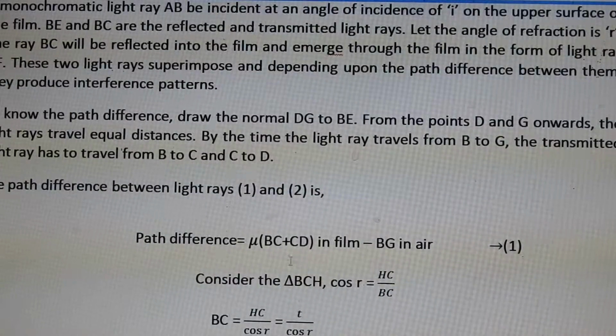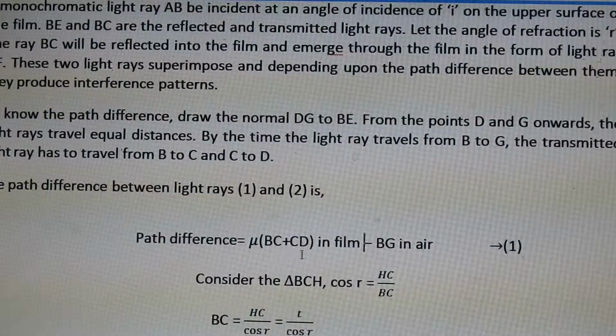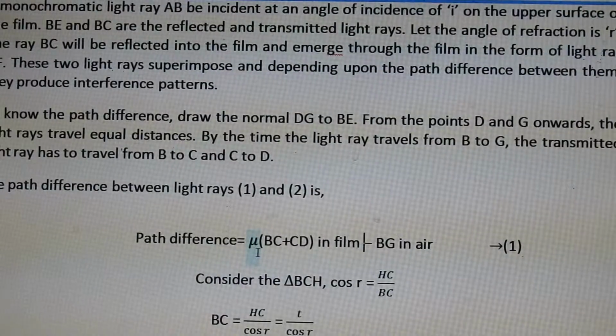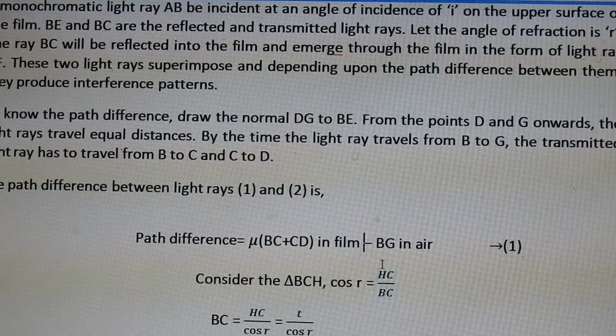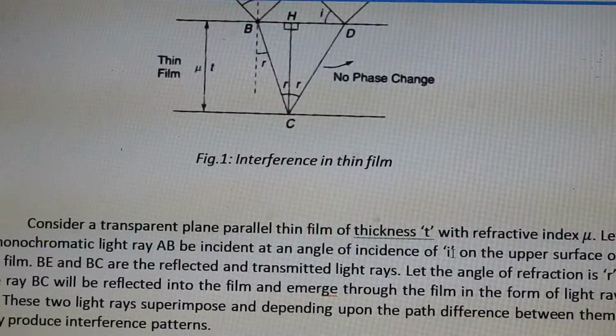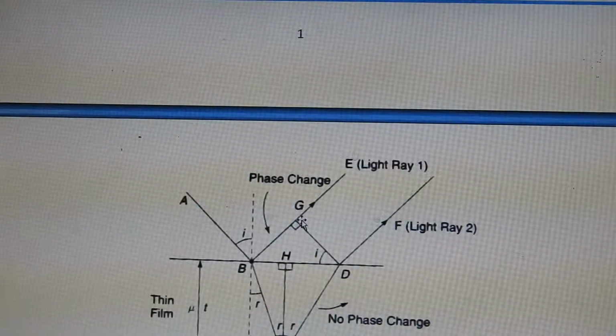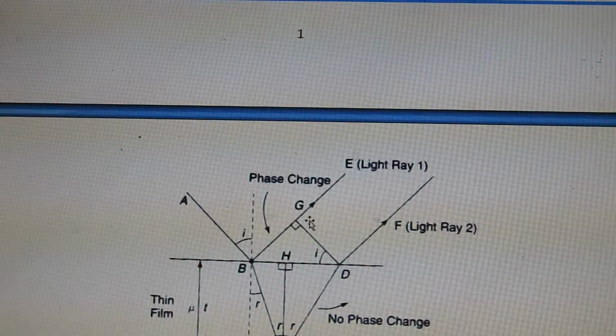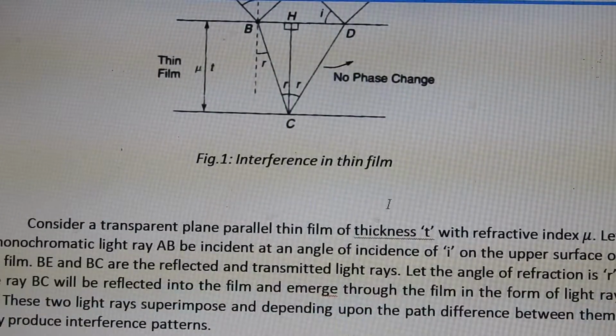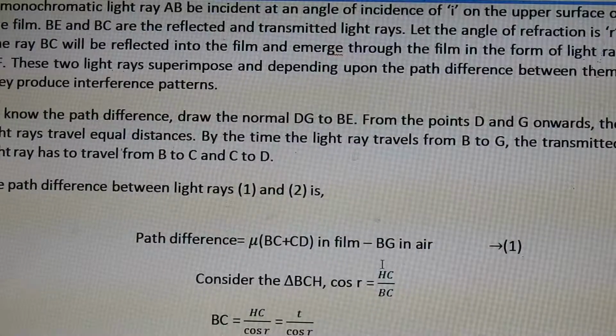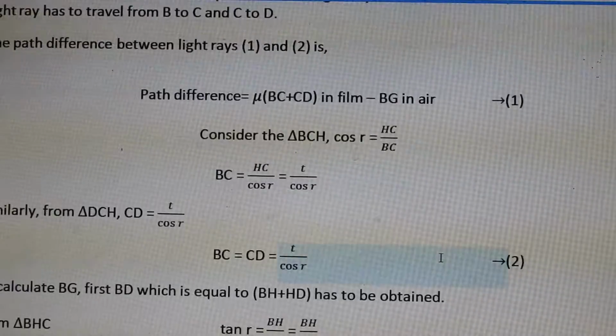So we write both in a bracket, multiplied by mu, minus BG. At the same time, the first ray is also traveling extra distance BG in the air, so the refractive index is taken as 1.